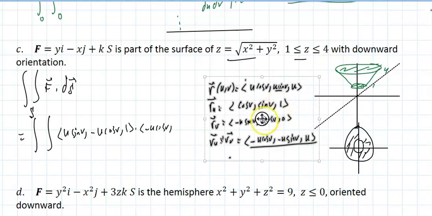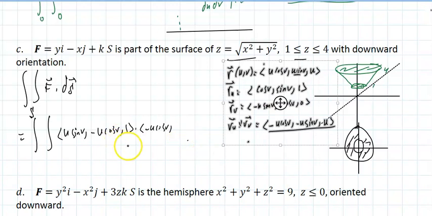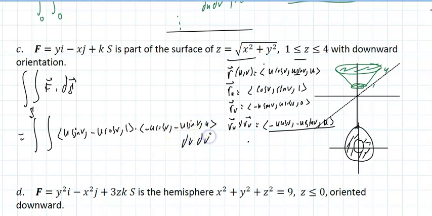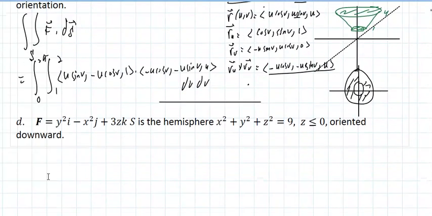Negative u the sine of v and u, and du dv. V runs from 0 to 2 pi, and u runs from 1 to 2. And again, trying to describe this with rectangular coordinates is not wise. Sometimes you can, most of the time you're better off leaving it as is.